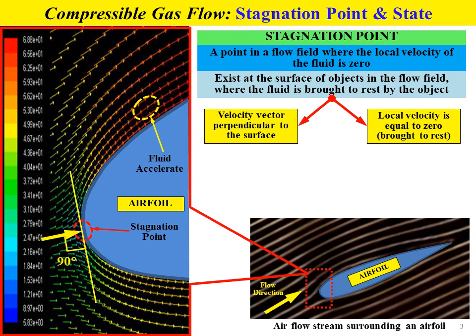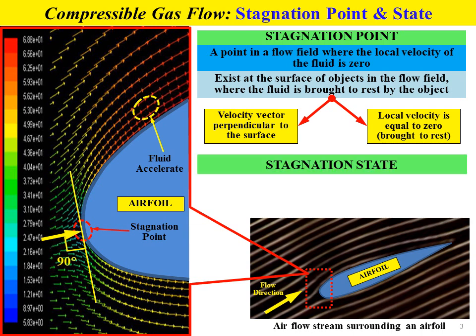The second keyword is that the local velocity is equal to 0, where the fluid flow is brought to rest by the front surface of the airfoil. That is the definition of the stagnation point.